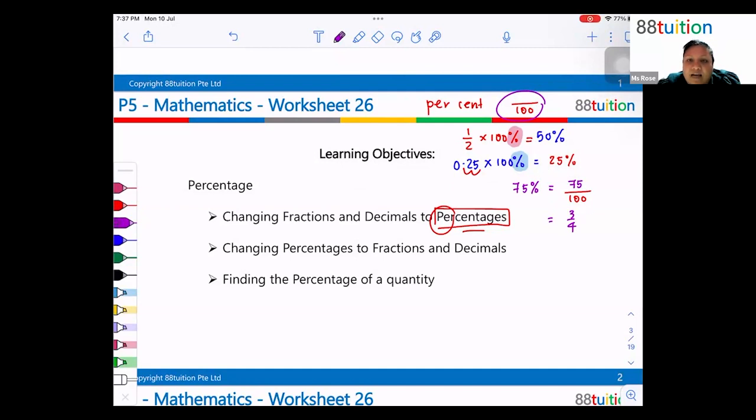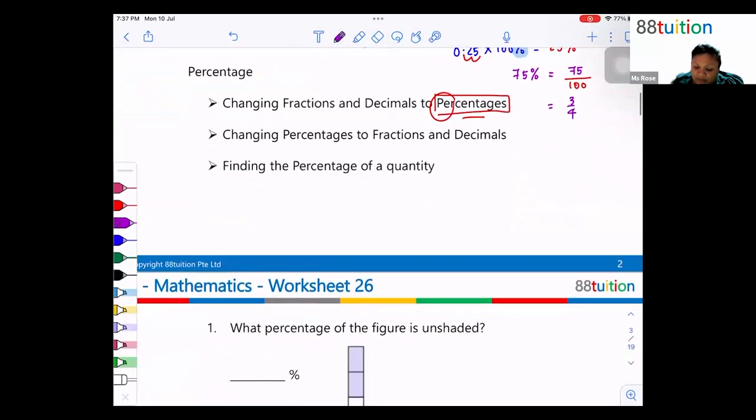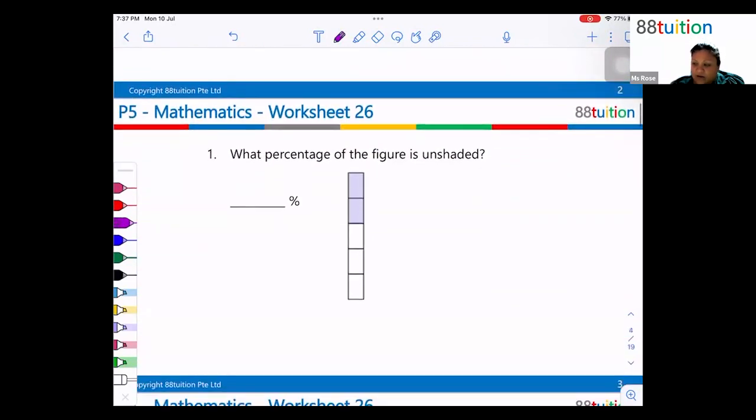All right, now let's go on to the questions for today. Some of you got number 1 wrong. The question says, what percentage of the figure is unshaded? This is unshaded, just in case you don't know. So 3.